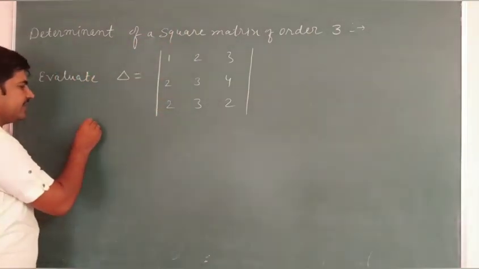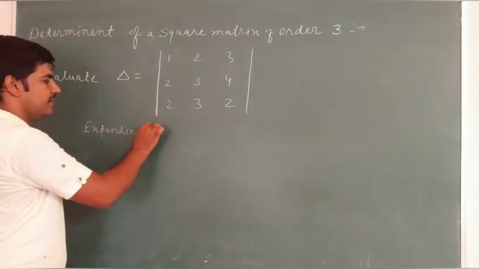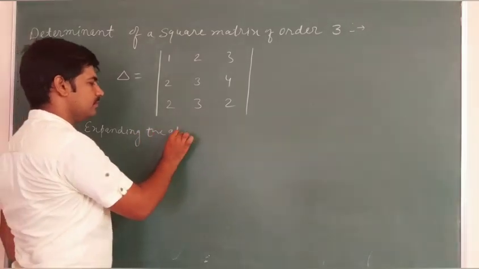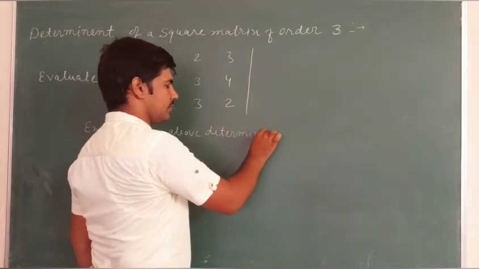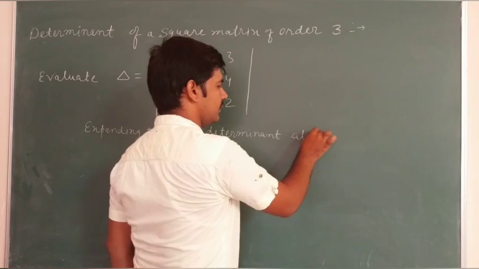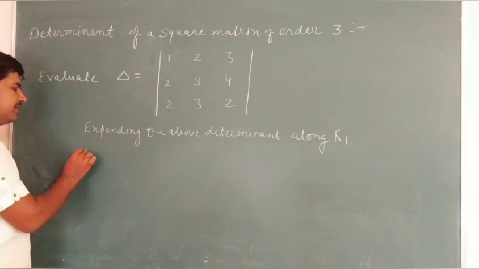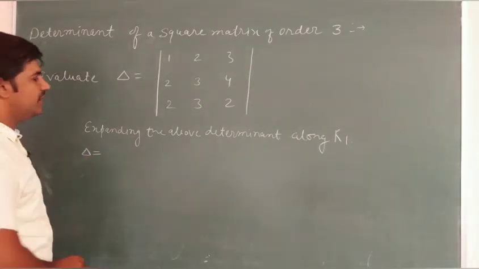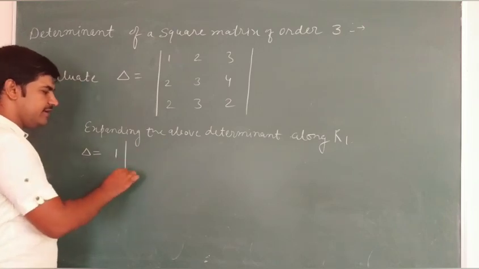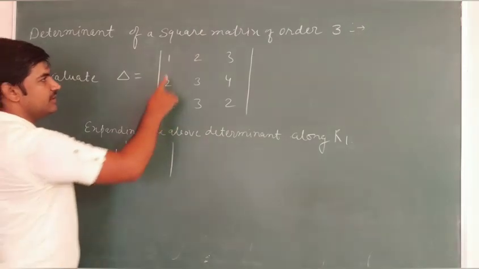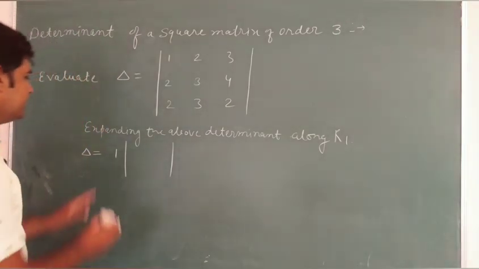Expanding the above determinant along R1, we get del is equal to, first of all, 1 times the determinant, and we take minus 1 raised to the power.